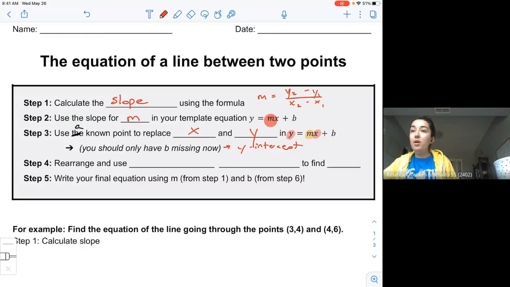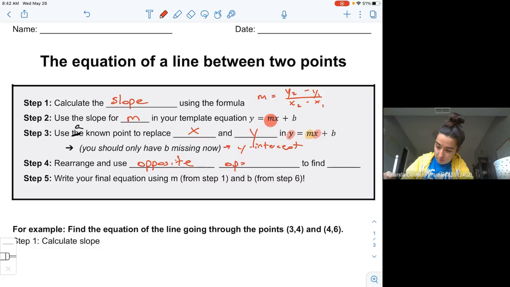We have our m. The y-intercept is the second piece. We need to figure out what that's going to be to have a complete equation. To do so, we are going to rearrange and use our opposite operations to find the b. And we're going to see what that looks like.